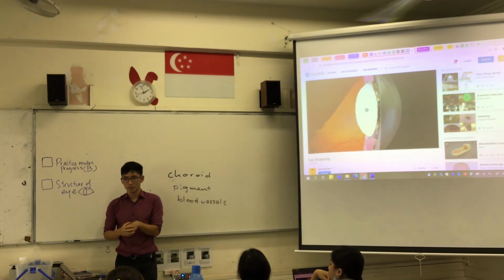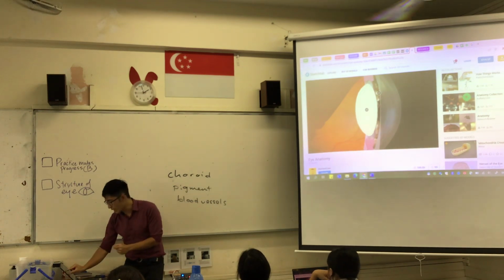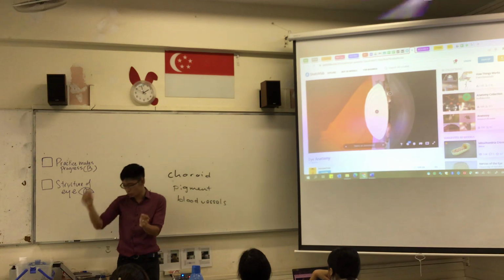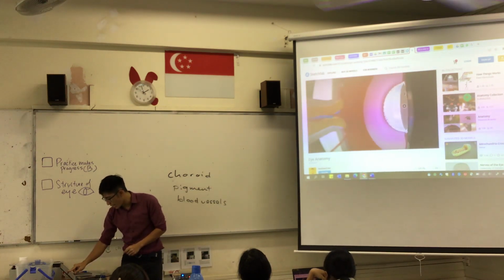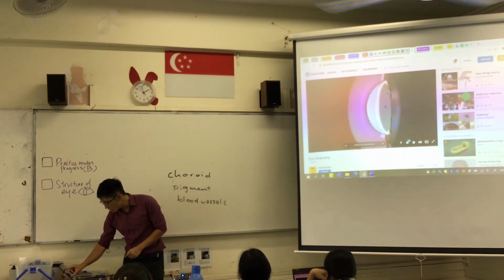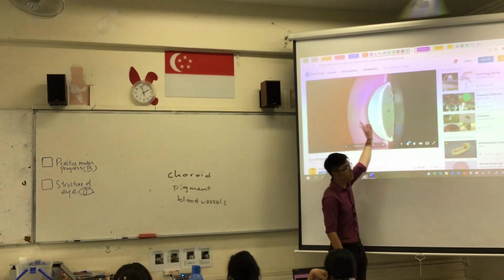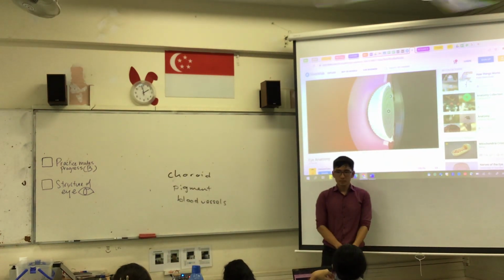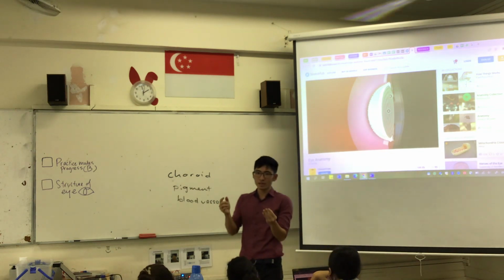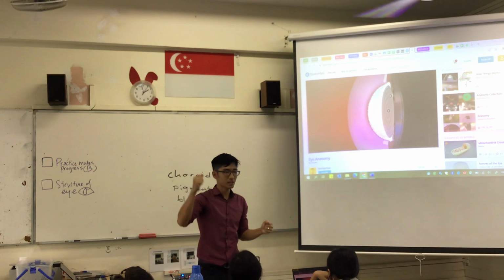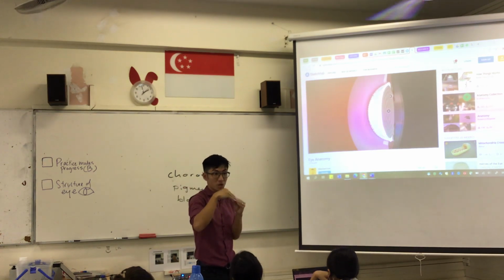The next interesting thing is, the way we change the shape of the lens is not quite what you imagine. The way we change the shape of the lens is using small little strings attached to the edge. So if you look at this model of the eye, can you see that at the edge of the lens, there are many of these string-like structures? If I want the lens to be thinner, these string-like structures will become very tight, and the lens will become much thinner.